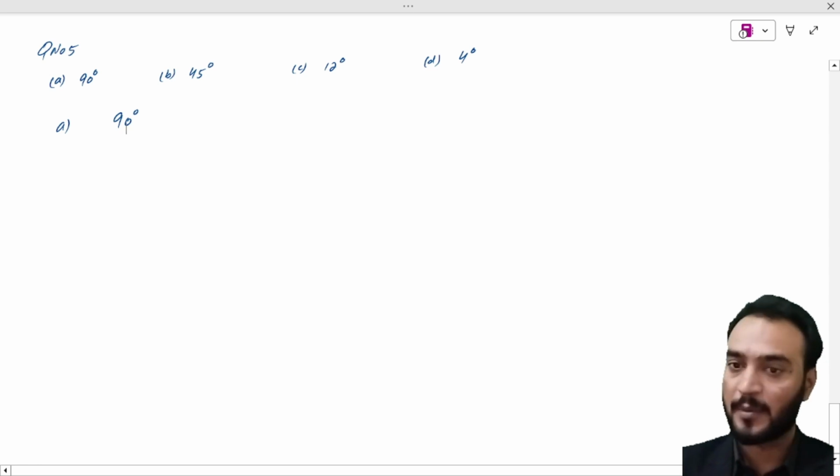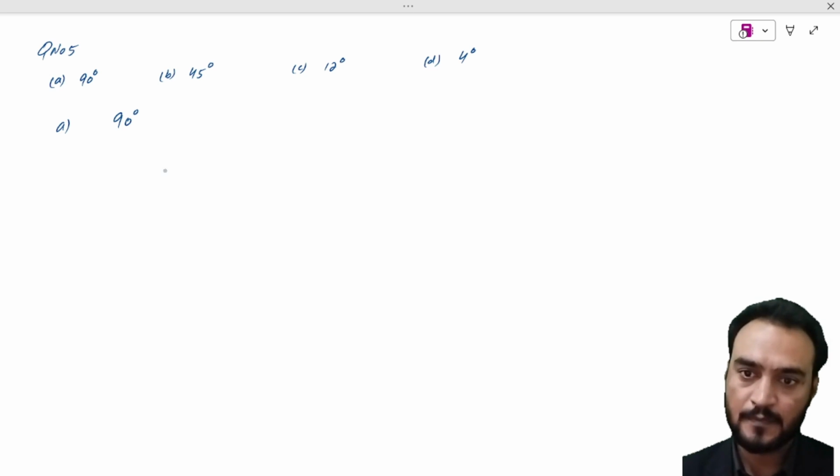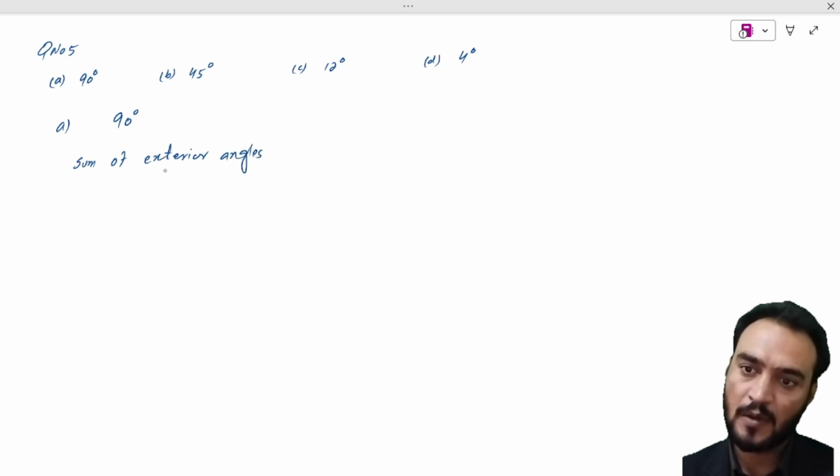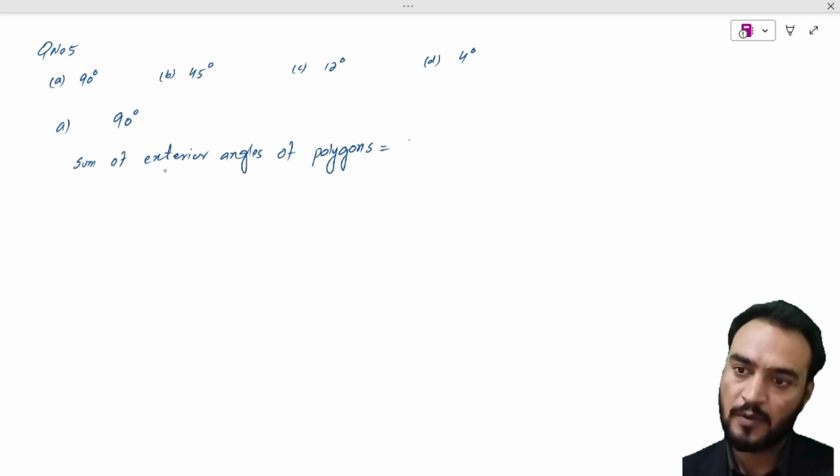So as we know, the sum of exterior angles of any polygon is equal to 360 degrees. Now each exterior angle is 90 degrees. We divide 360 by 90 to get the number of sides.